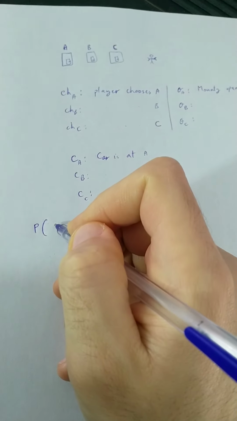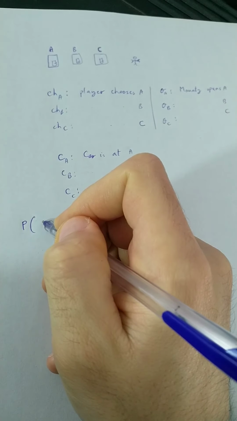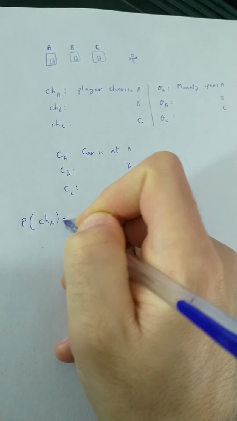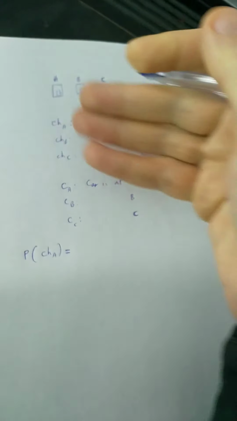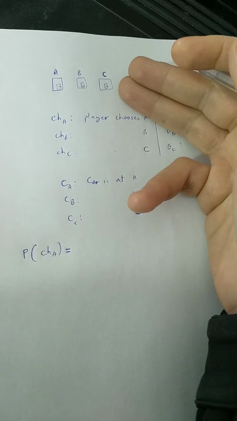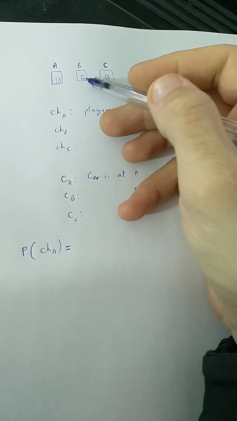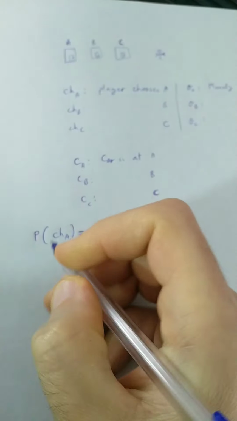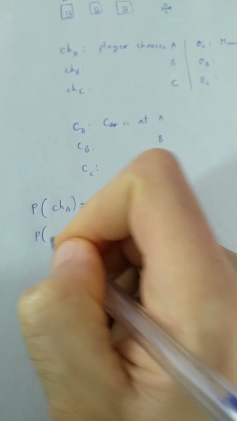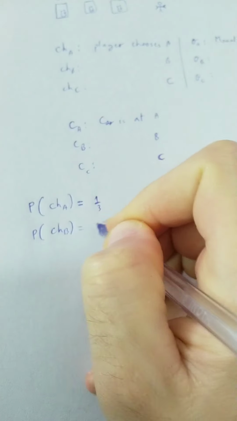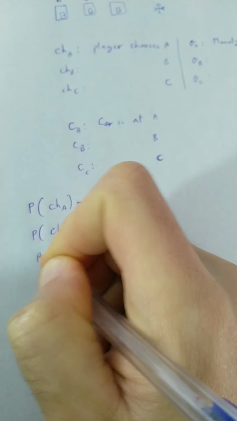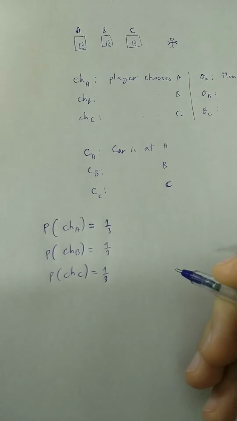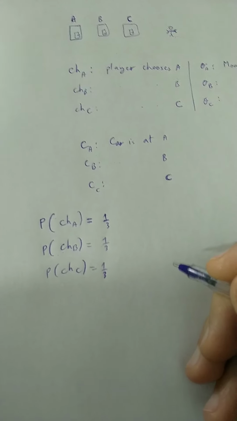What is the probability that you firstly chose A? When you come into the three doors, the probability that you choose A is equal to the probability to choose B is equal to the probability to choose C, so it's 1/3. Everything is equiprobable to you. And the probability that you choose B is again 1/3, and the probability that you choose C is 1/3. We're not going to use them all anyway.